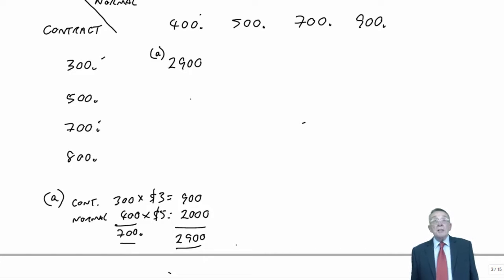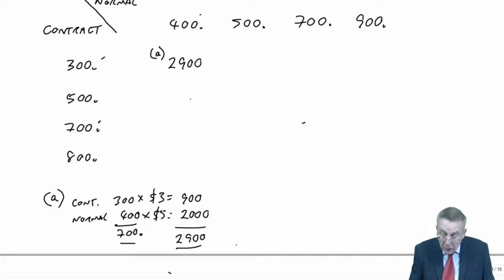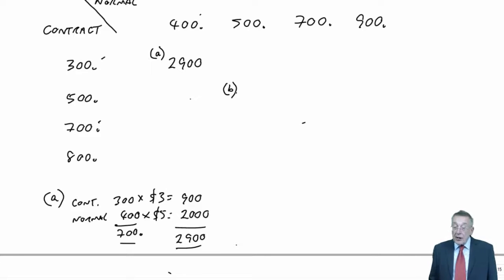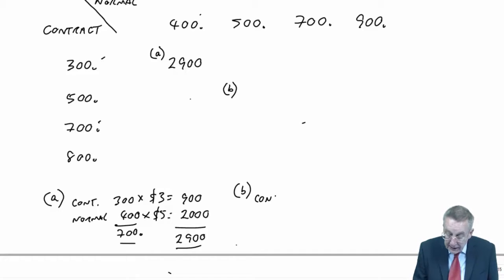I said I'm not going to show workings for all of them, but let's do another 2 or 3. Let's do this one. Contract 500 and normal customers want 500. Well, on the contract, 500, they make $3 a unit profit.